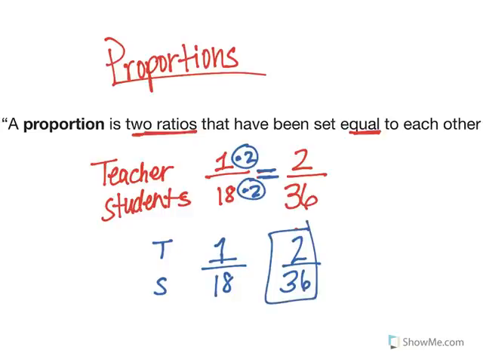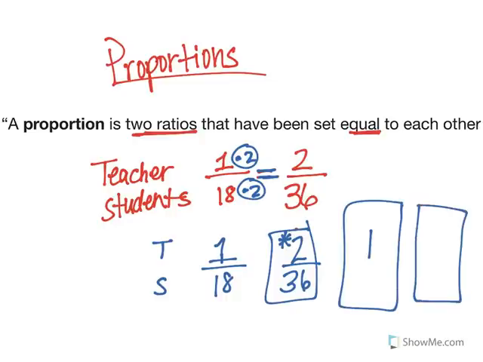But if you think about it, let's say these two teachers split their class. Here's one and here's two. If each teacher gets 18 students, will it still be the same? Is it equal? Yes, it is. So that is why one teacher to 18 students is the same as two teachers to 36 students.